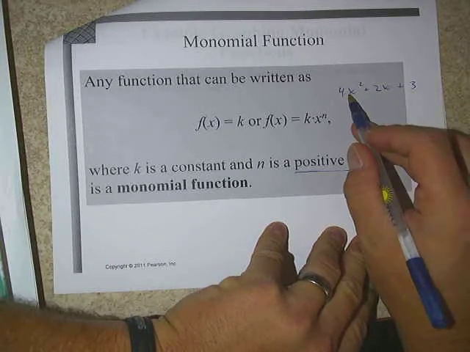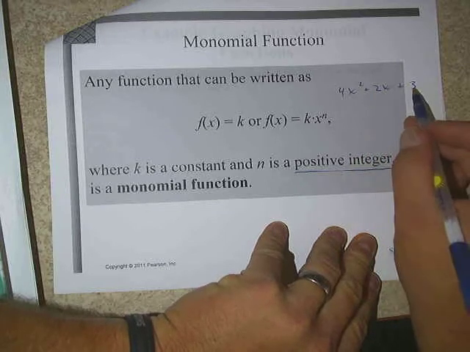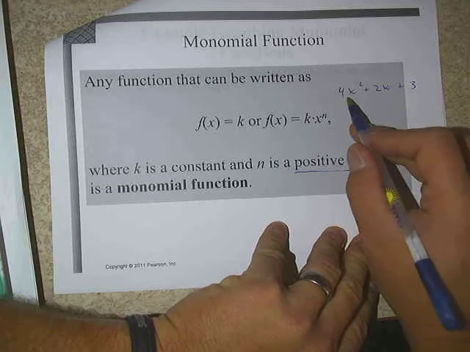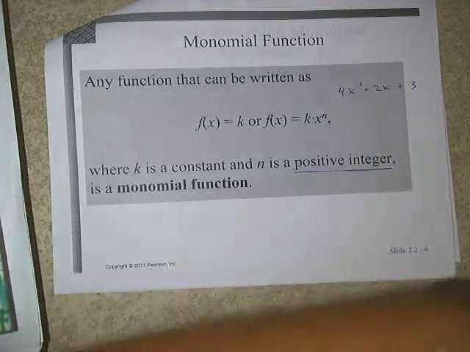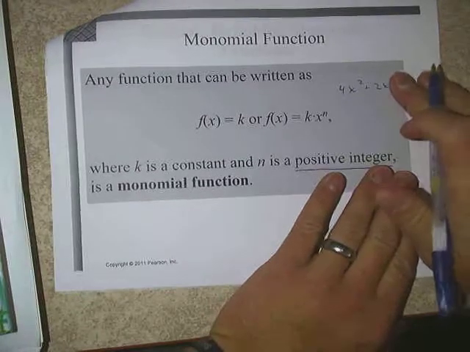All right. And just to relate this back to something that we already know, okay, when we did something like 4x squared plus 2x plus 3, okay, these functions right here, the 4x squared, the 2x, those are considered monomials. Okay, we don't consider the 3 a monomial because the power here would be 0, right? So we still consider this a constant.